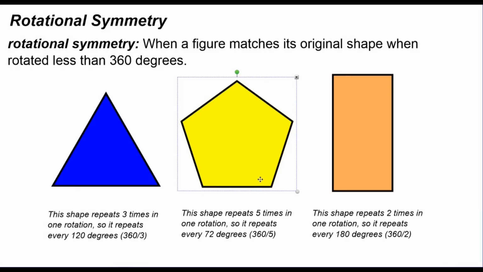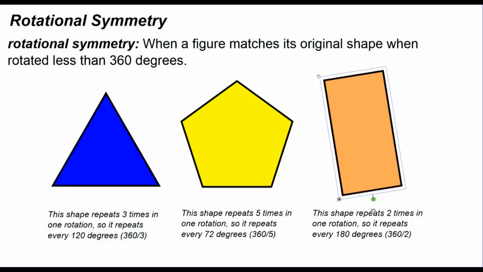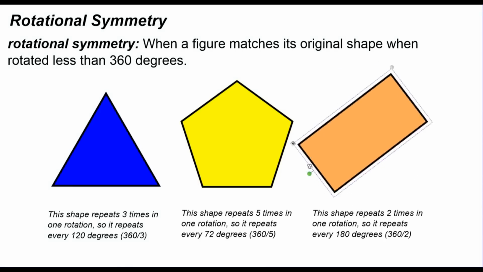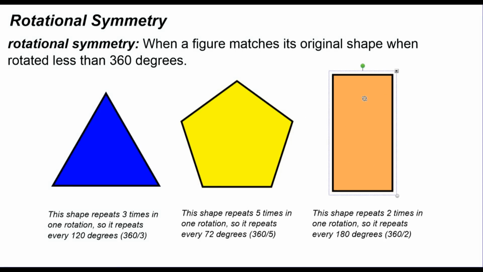So it repeats every 72 degrees, or 360 divided by 5. This rectangle will repeat twice in one full rotation. Once, twice. So it has rotational symmetry every 180 degrees, or 360 divided by 2.